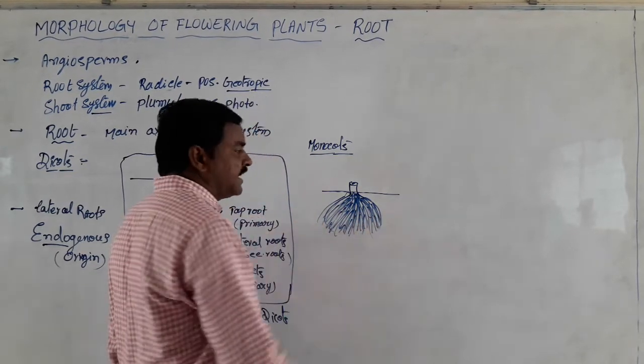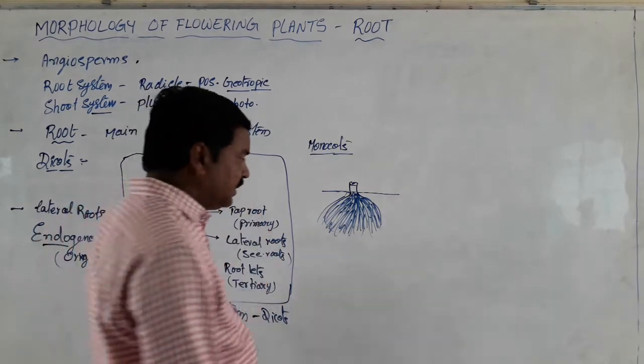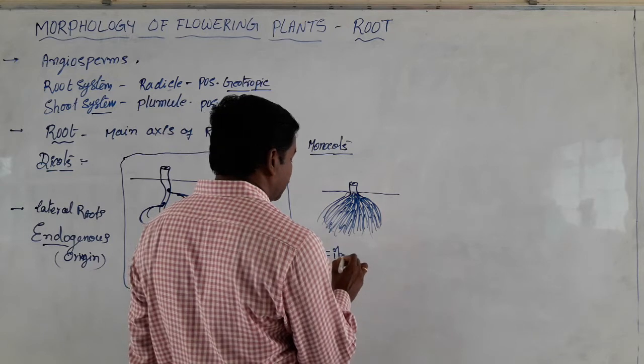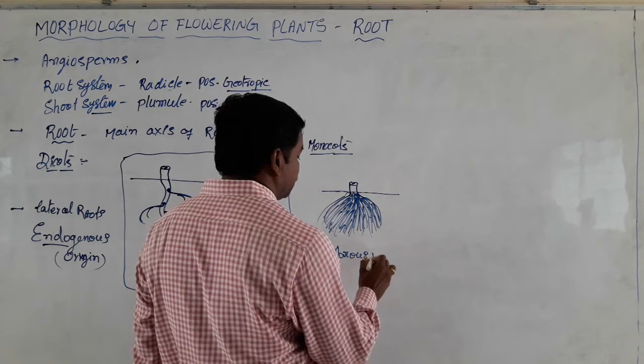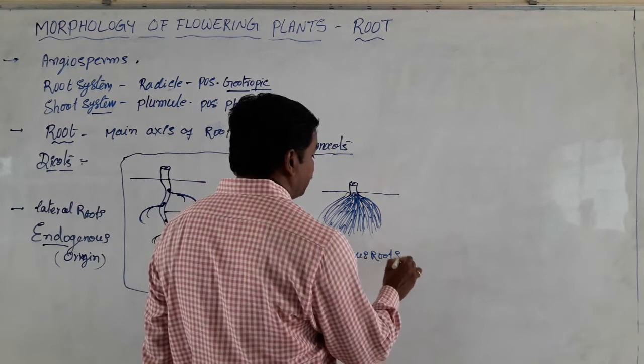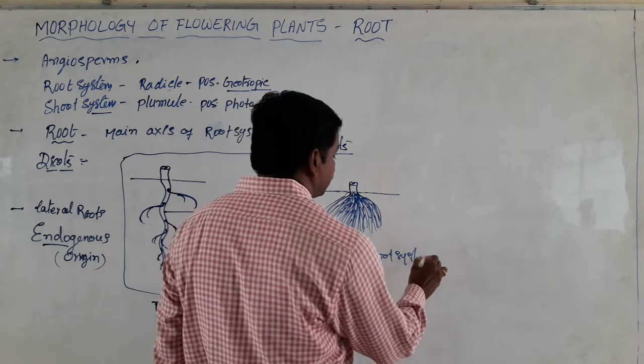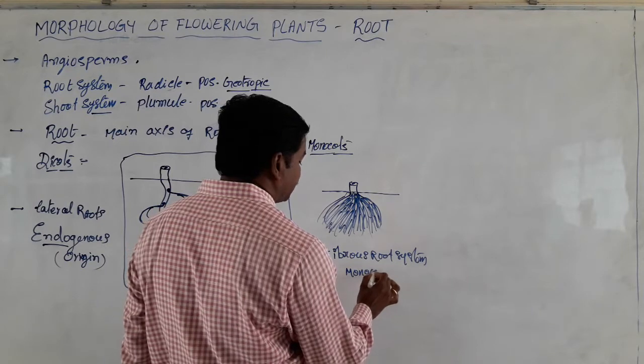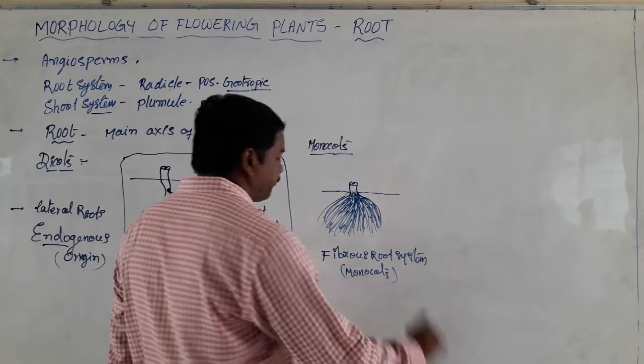This tuft of slender identical roots is called a fibrous root system. This is a fibrous root system, commonly found in monocotyledonous plants, monocots.